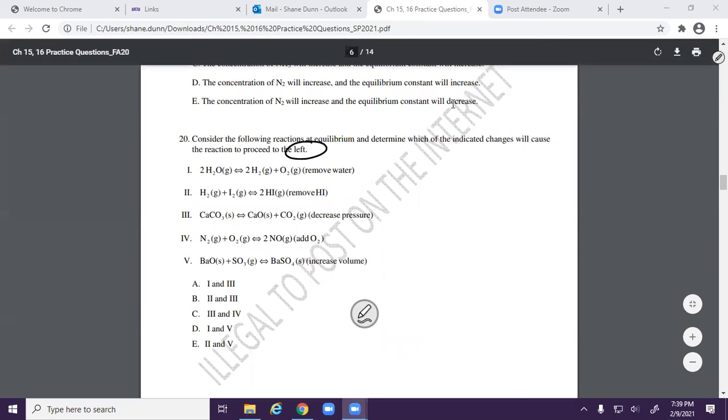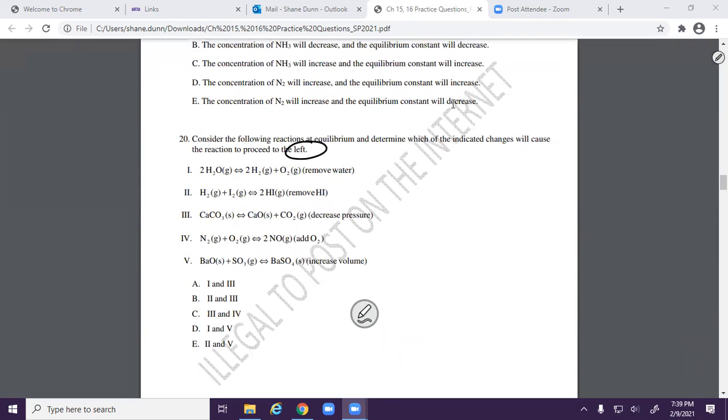Making more reactants. Okay. So if I remove water, which way does it shift? The right or the left? It should shift towards the left to make up for the loss. If I remove HI, which way will it shift? Shift to the right. I don't want that.